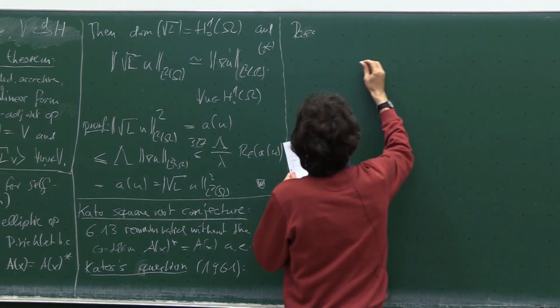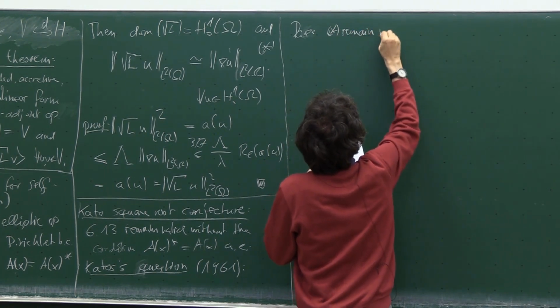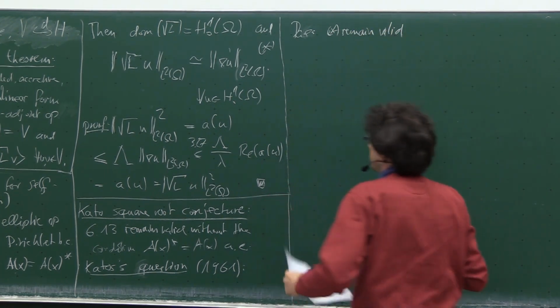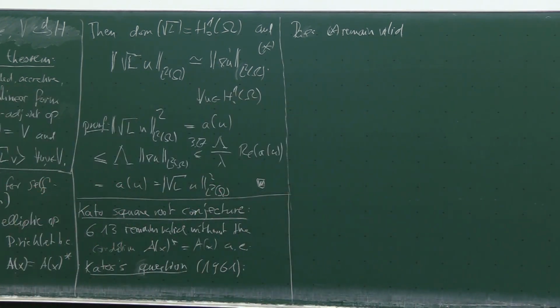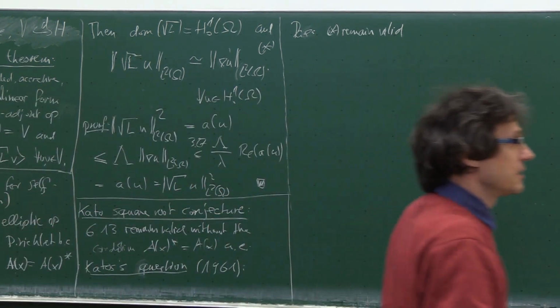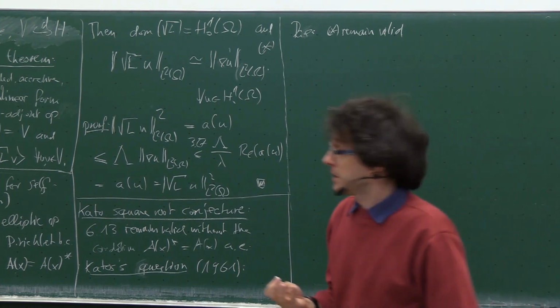He was interested because his background was partial differential equations. Kato was a great mathematician, but his focus was on partial differential equations. He was not doing abstract operator theory, or he did it, but always having in mind an application for some partial differential equations.